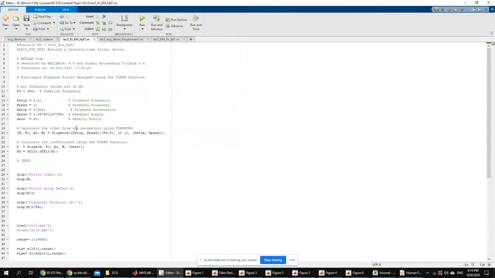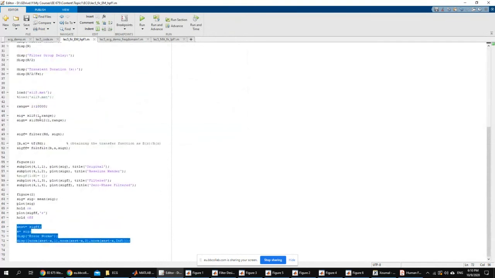Instead of selecting the baseline wander here, I'm going to select the electrode motion, and I'm going to select signal 119 so that we can see the same exact signal that we're looking at now.